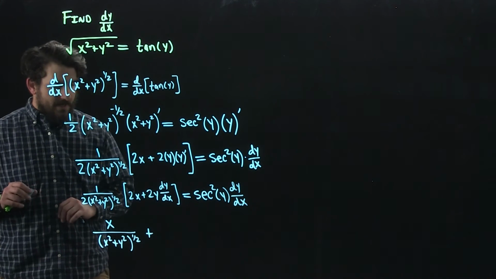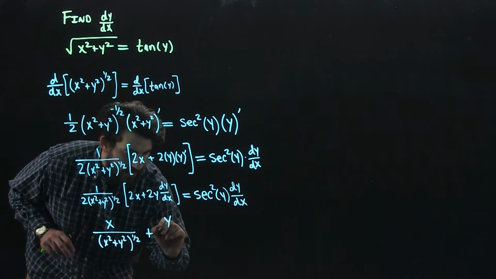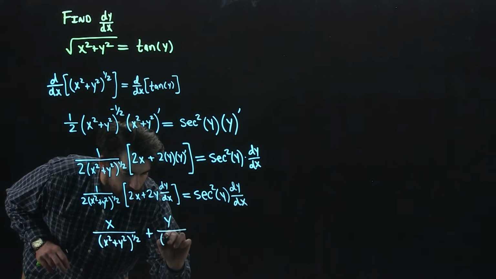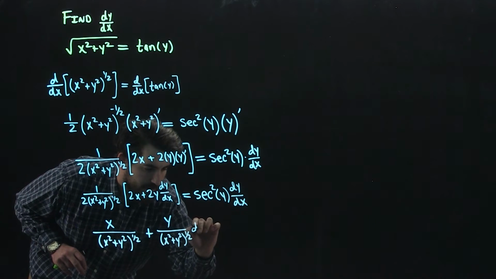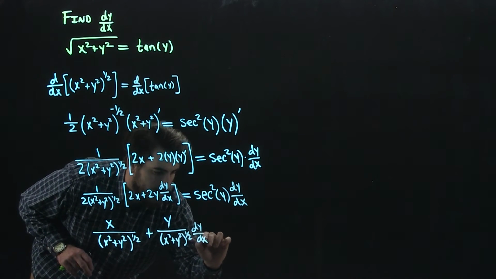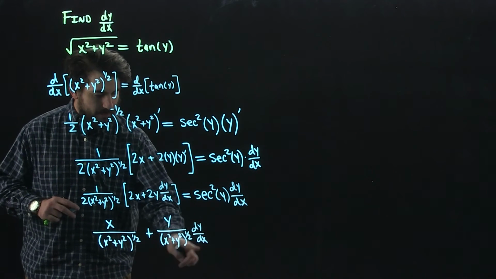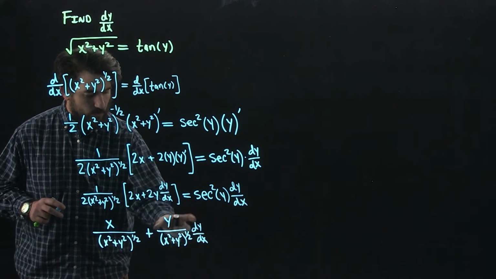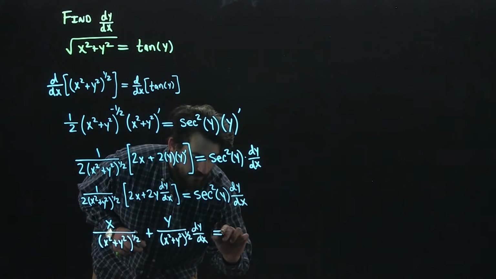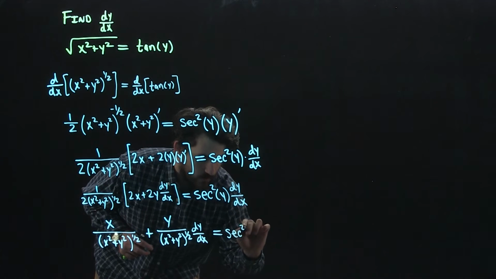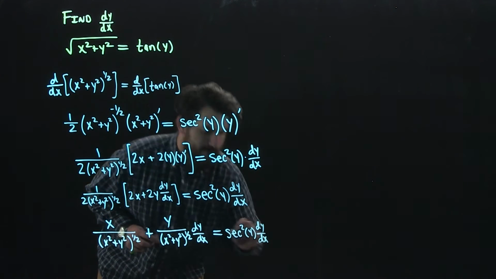Plus, and this I'm going to write in the following way. It's going to be y over (x squared plus y squared) to the 1/2 dy/dx. So notice how I did not put the dy/dx in the numerator. I'm just going to keep it off to the right because that identifies this whole term as being a dy/dx term. Equals secant squared of y dy/dx.